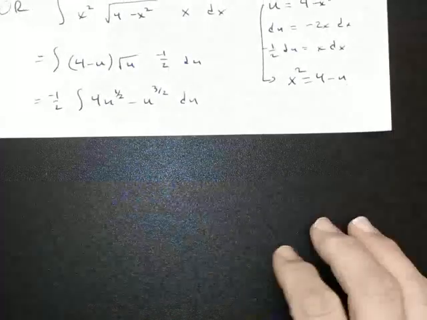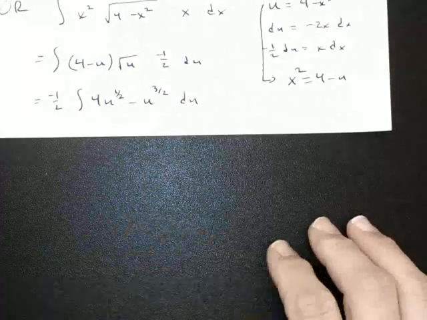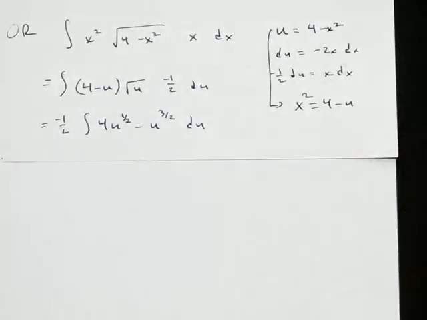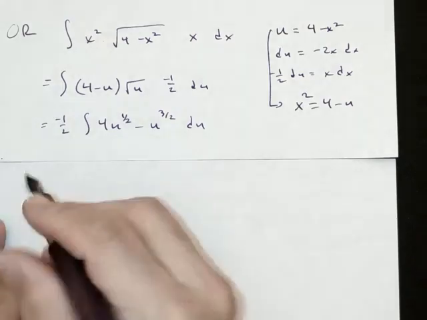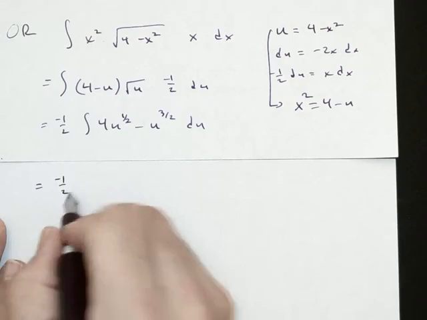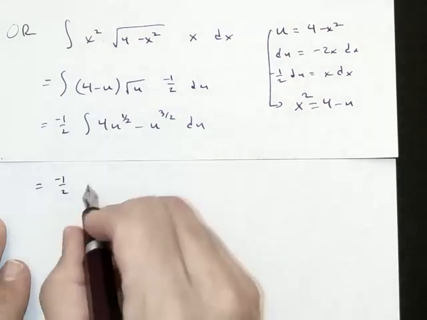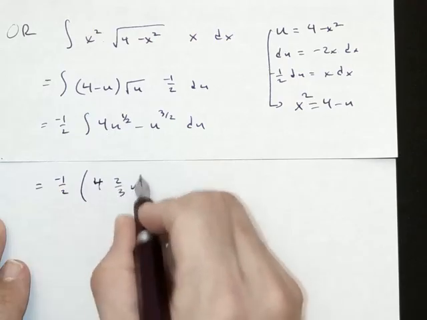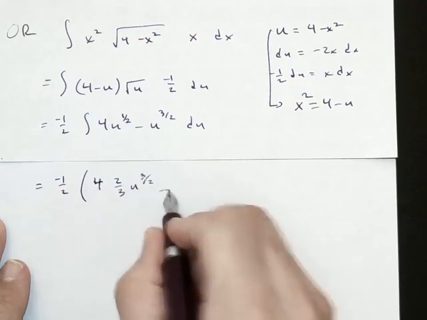If I only had an even power out there, I wouldn't be able to pull that extra x off, and then I would have to do the trig substitution. If I had that odd power, I can do a regular u substitution. Here I get 4 times 2/3 u to the 3/2.